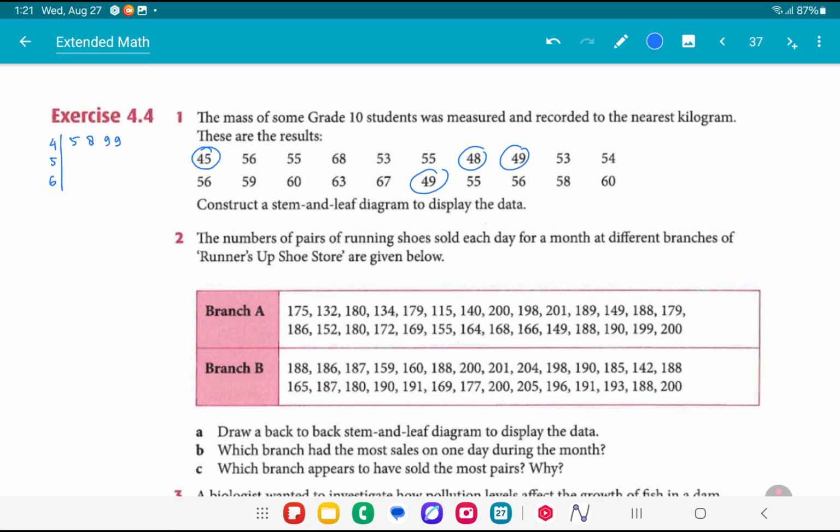And then we continue with 50 something. We will circle first something like this.